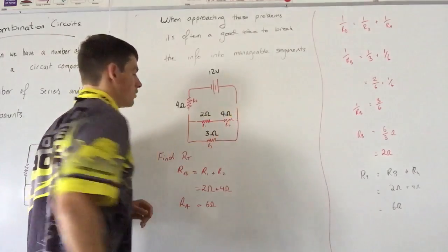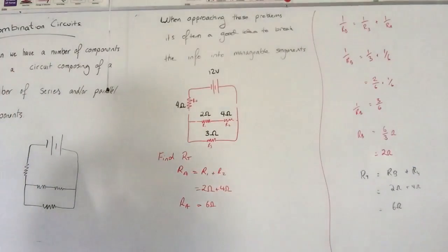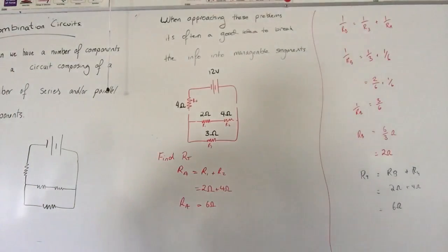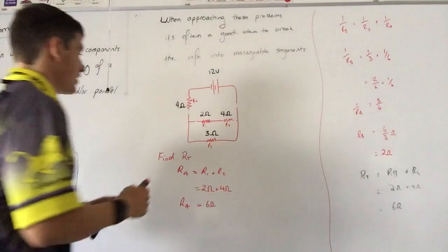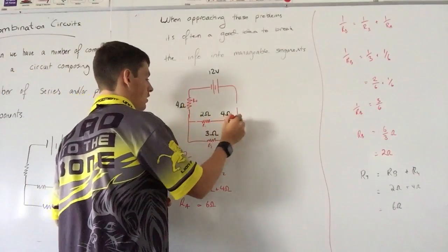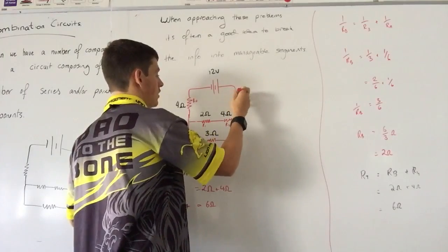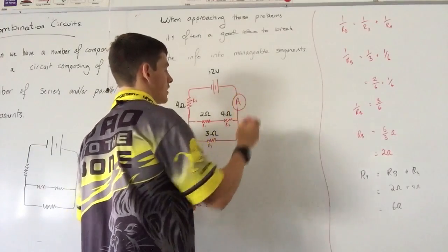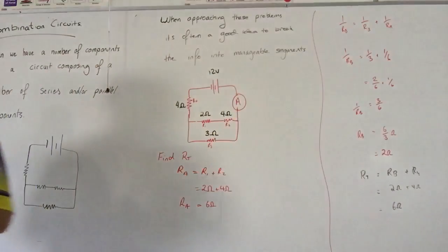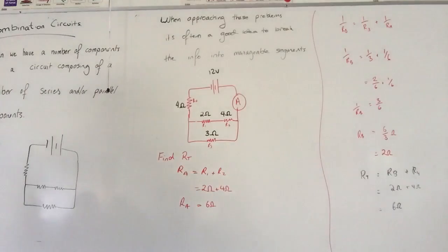As you get more fluent with these, the question won't be set up to say find RT. Instead, I'll give you a circuit and a piece of information that's missing. Like I might say, what's the current? Now, I'm hoping that every person in this room could tell me what the total current for that circuit is.